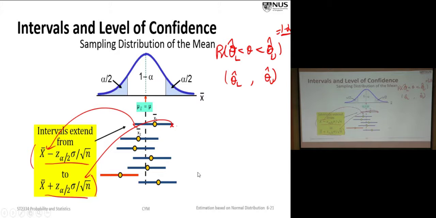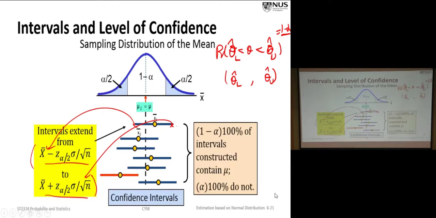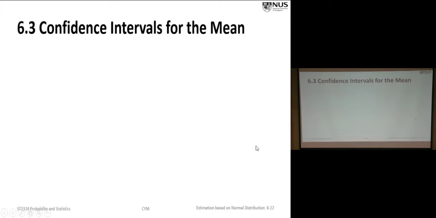So we are quite confident that the one you see from this sample may be very likely, not measured in probability, but it's likely that it will cover the true parameter. So 1 minus alpha, 100% of them will cover the true mean. Okay, so these are the basic things.